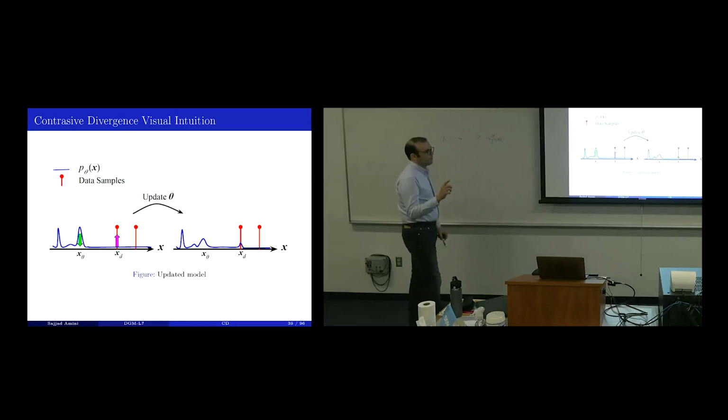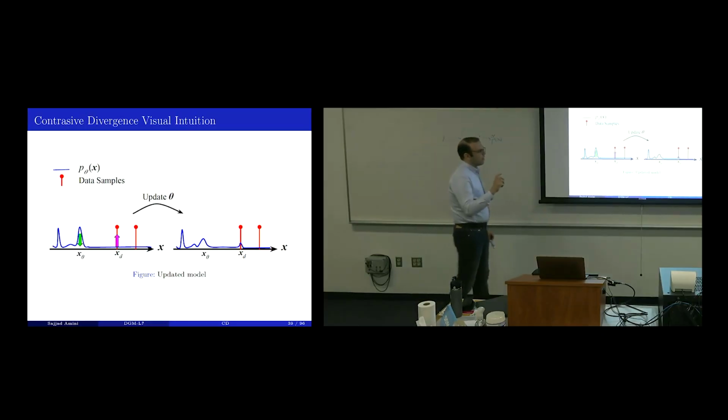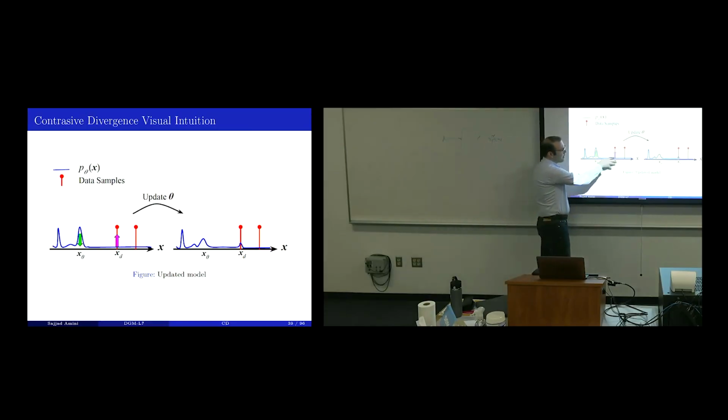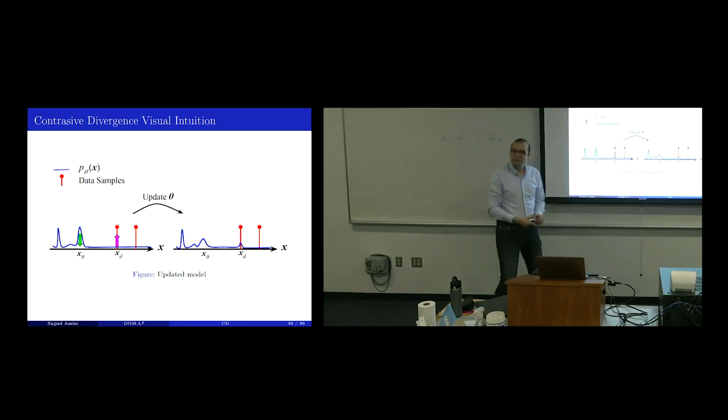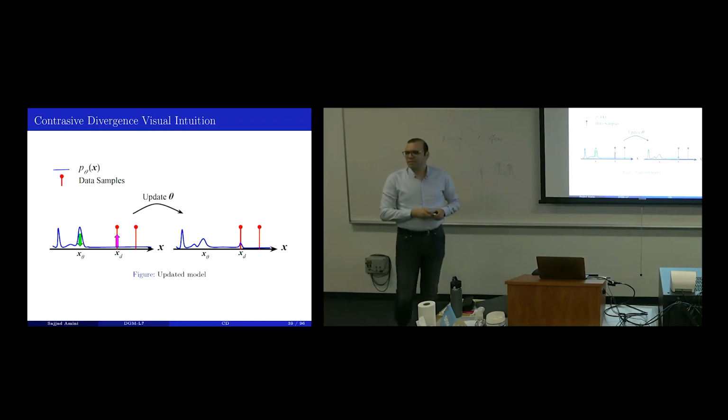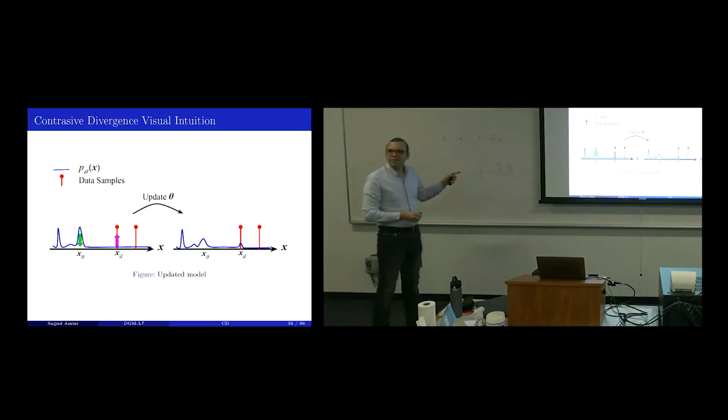Just one question. Assume that the model is somehow trained. How do you interpret this increase and decrease in a trained model? In a trained model, what happens? Assume that you have two training samples here and here, and a trained model is something like this, because it is trained. What happens, do you think?